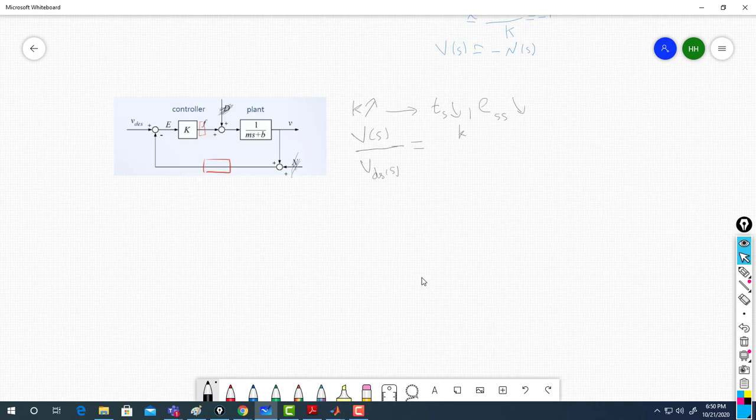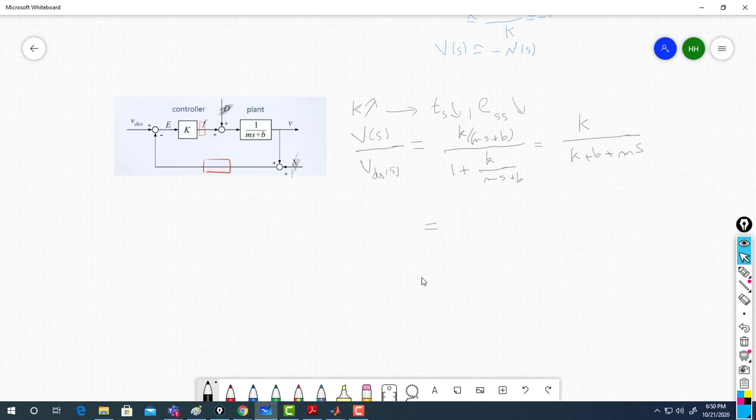K over MS plus B, divided by 1 plus K over MS plus B. So if I do the derivation with you, it is K over K plus B plus MS. Right? This is my system.